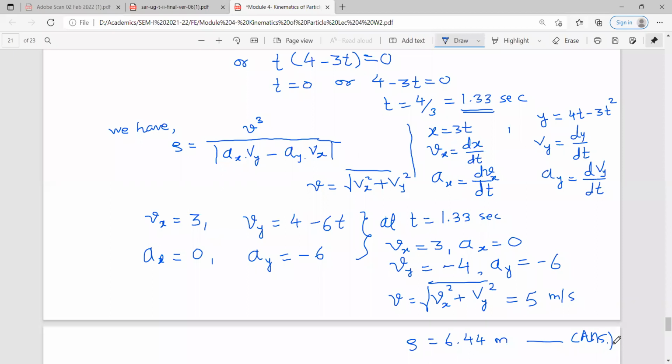So everyone, have you come to this point, the radius of curvature? Then we will see what else we have to find. Okay, say this is equation 1, put all this in equation 1.